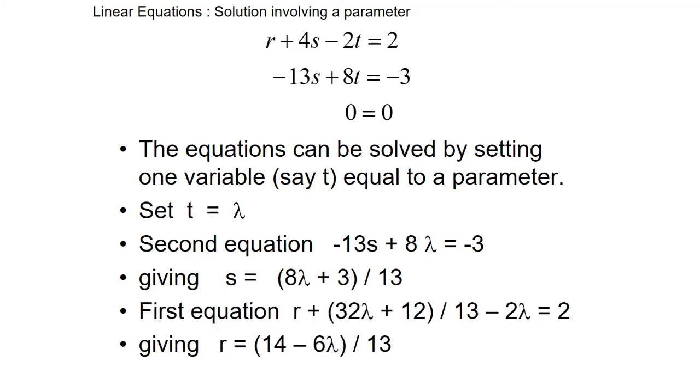And then we can make use of the first equation here. R plus 4s will be 32 lambda plus 12 over 13, minus 2 lambda is equal to 2. Our first equation now tells us that r is equal to 14 minus 6 lambda divided by 13.